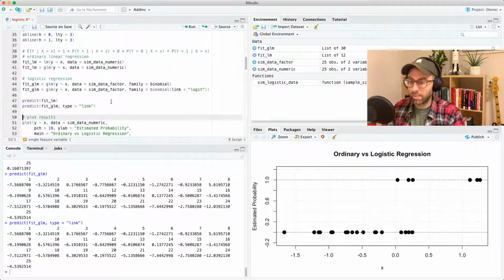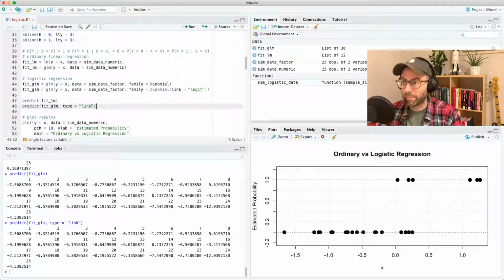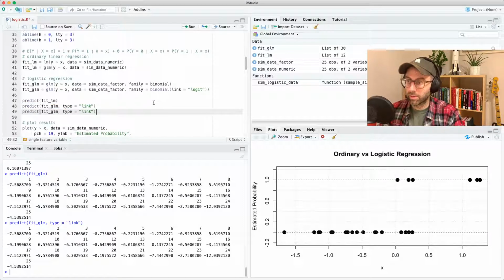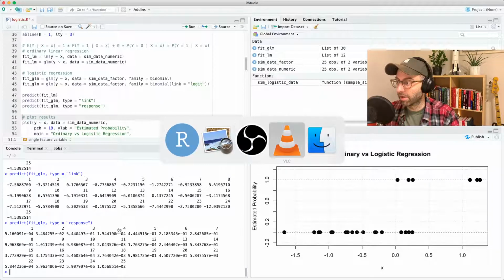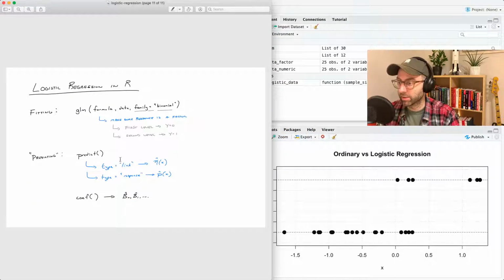So if we do type equals link, that's the default, and that's what we get back here. Whereas if instead we did type equals response, these numbers look more like what we want. These look like probabilities, and I think that was indicated in the notes at the end here. If you do type equals response, it gets you the estimated probabilities.